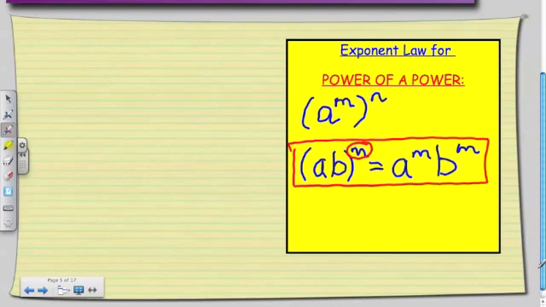Whenever you have this situation, you only have one base. So that's a big clue. You don't have separate bases. So one base. So my rule starts off the same. Keep the base the same.